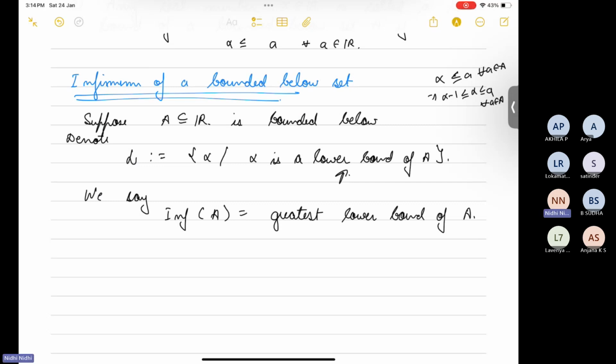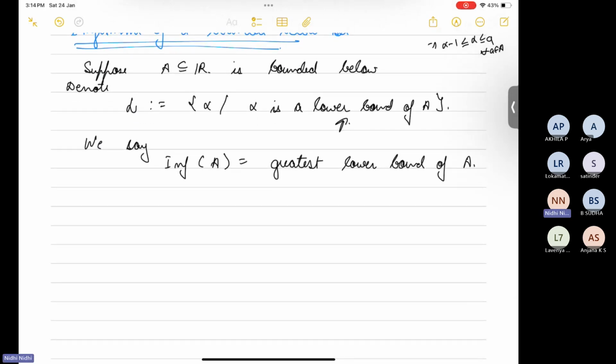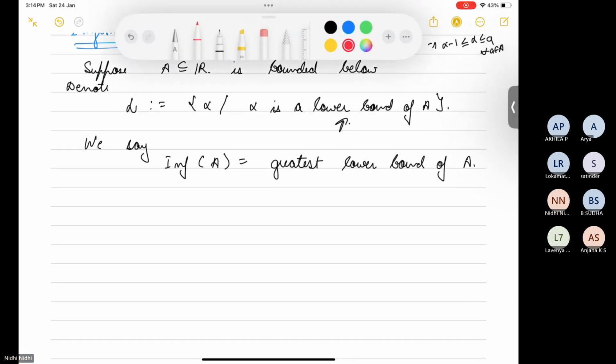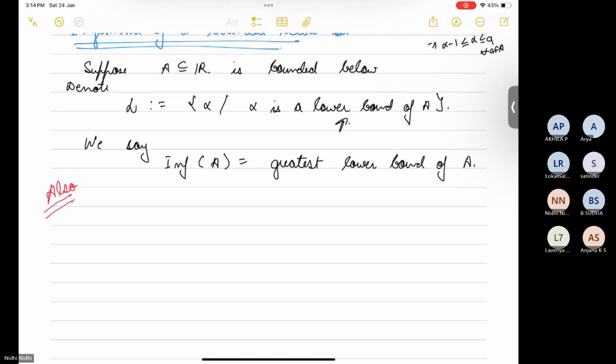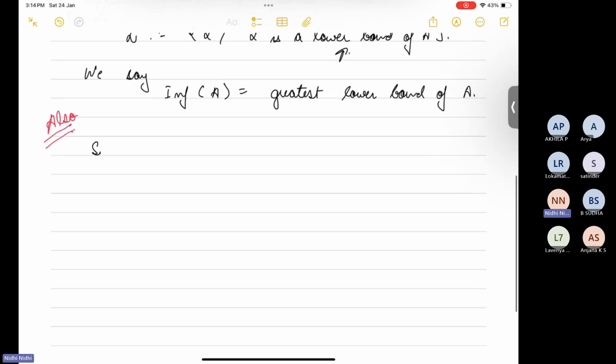Also, we have a definition in terms of epsilon. So let's look at that as well. Suppose A is a bounded below set.